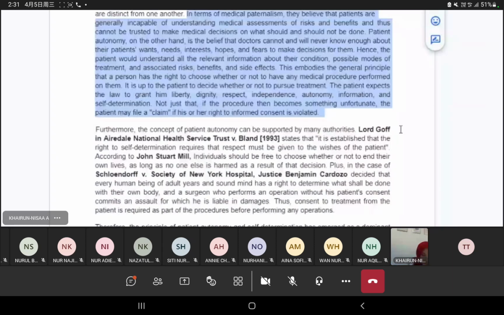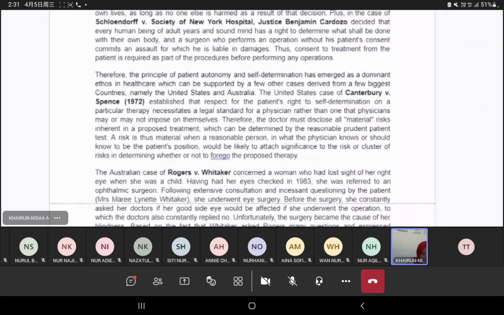Furthermore, the concept of patient's autonomy can be supported by many authorities. This is just further elaboration about patient's autonomy. Then you give me the case of Schwandorf, also elaboration about patient's autonomy.